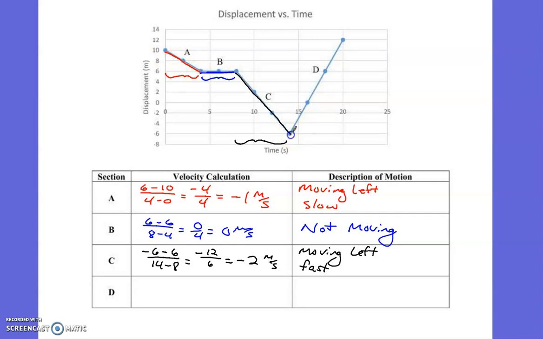The very last line, line D, you see now that the line is going up. It started at -6, and it went up to +12. We see that it went over from 14 to 20.